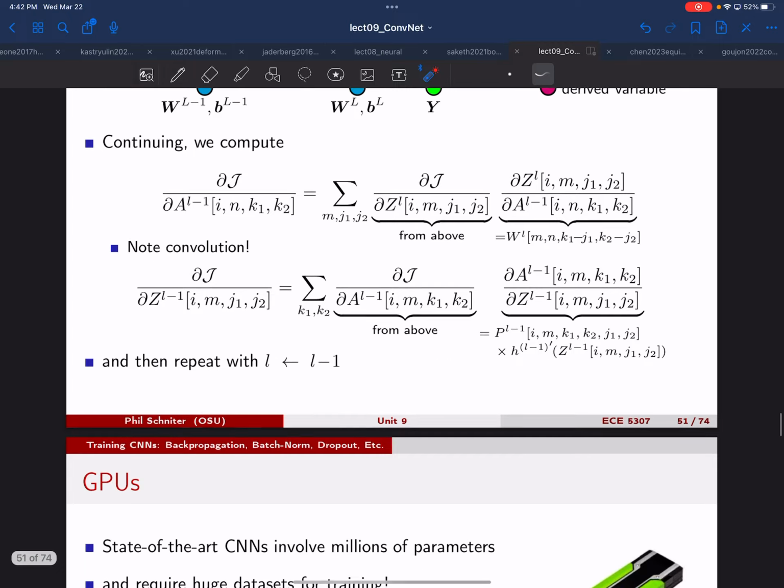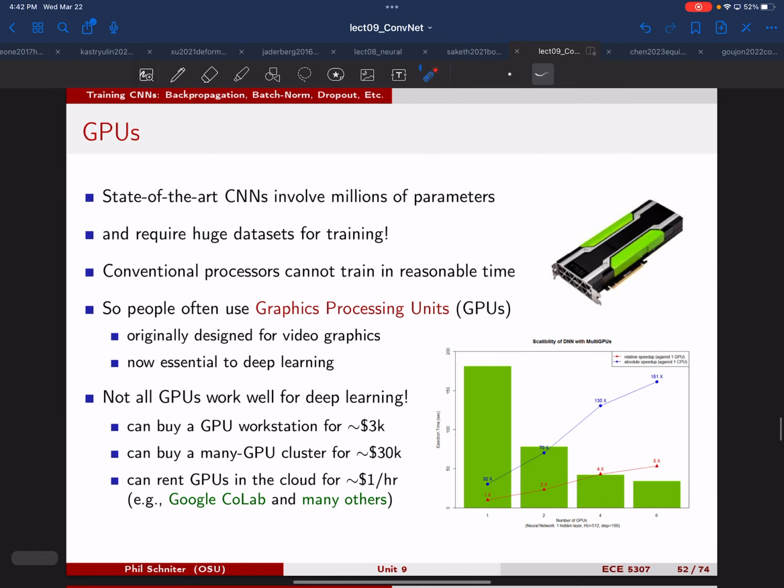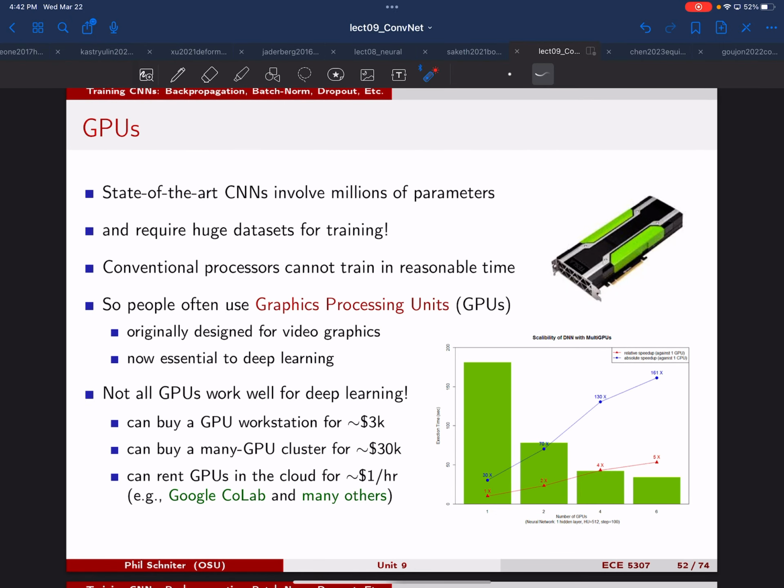Okay. All right, so we'll just talk about a number of different topics that relate to training. As we've seen, state-of-the-art convolutional neural networks involve millions of parameters. They require huge data sets for training, like ImageNet, which is gigantic, in the millions.